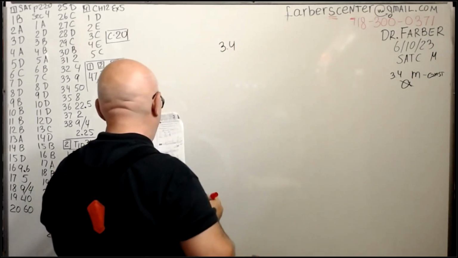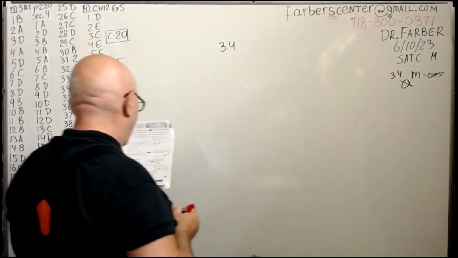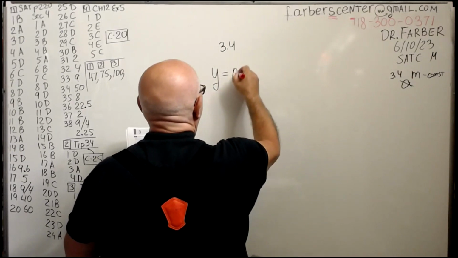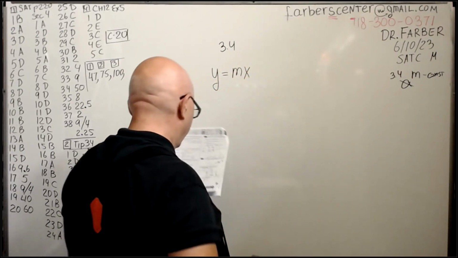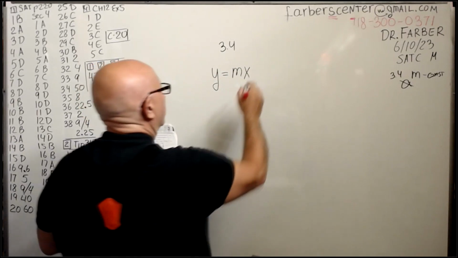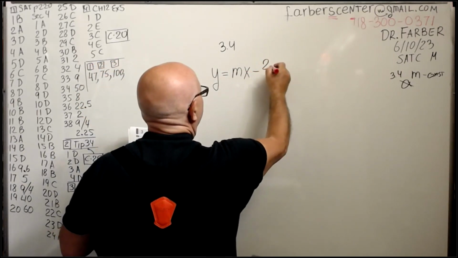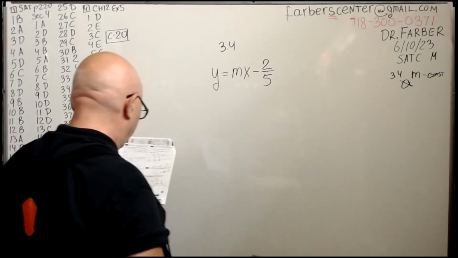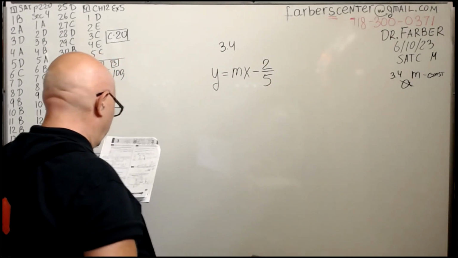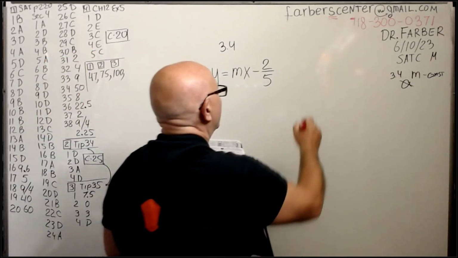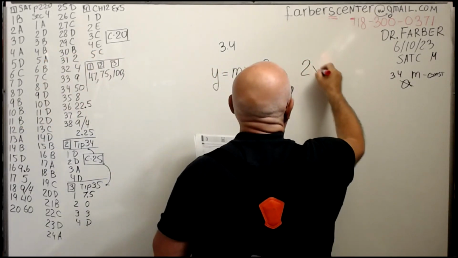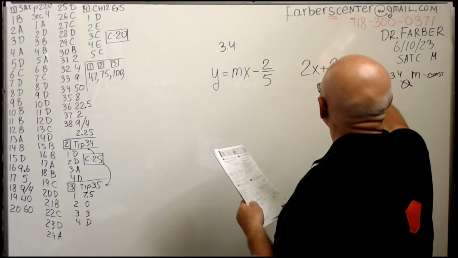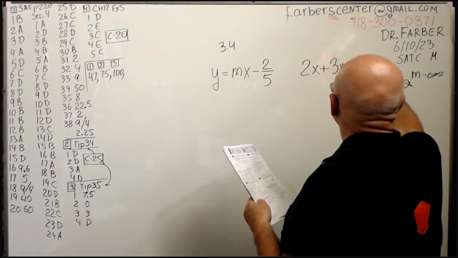We have two equations. One is y equals mx minus 205. And the second is 2x plus 3y equals 4.